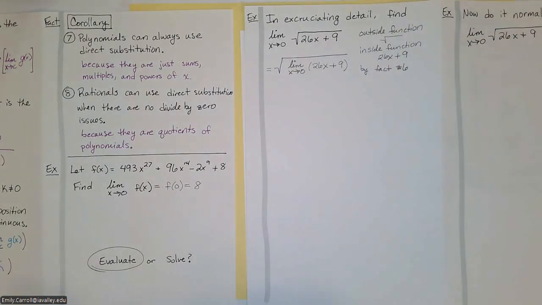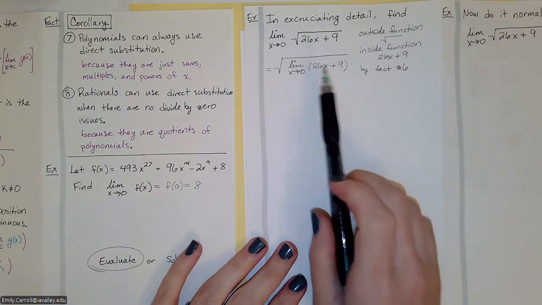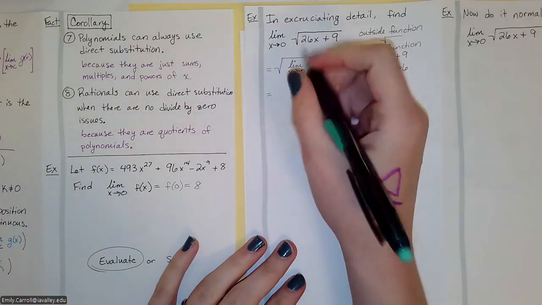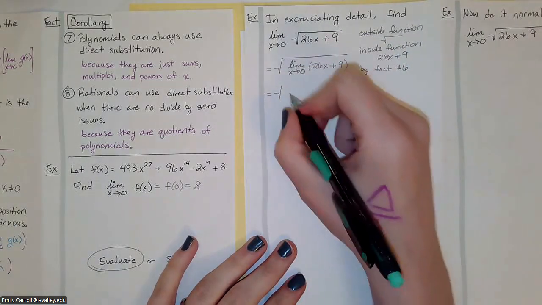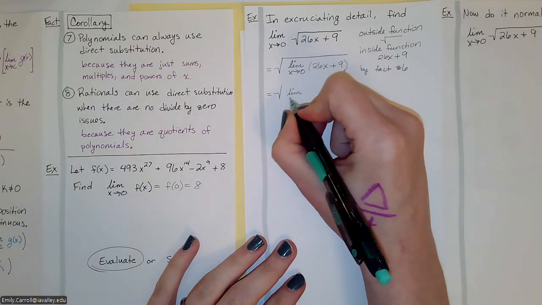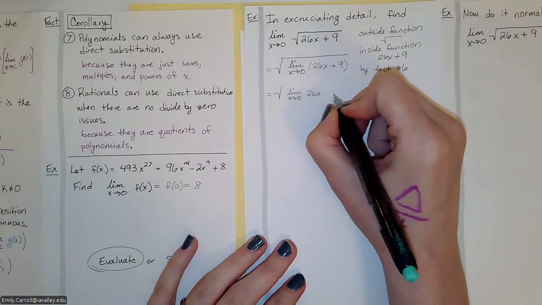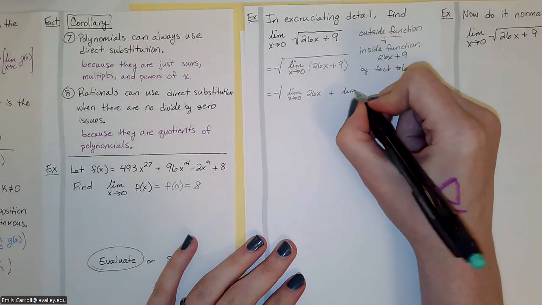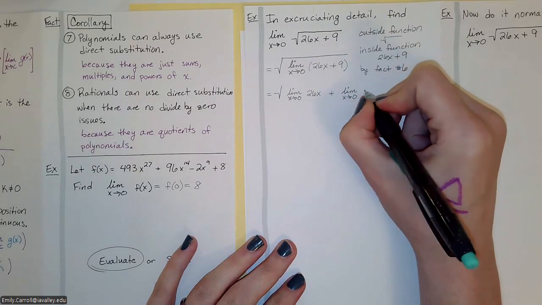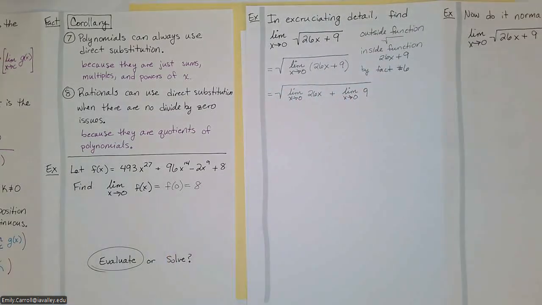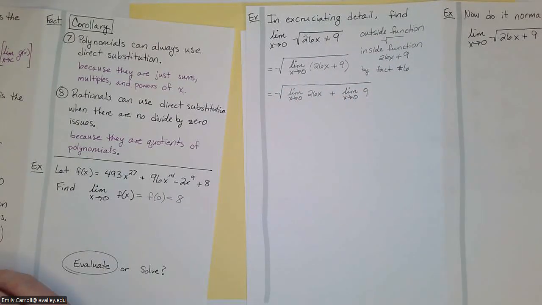Next, there's a sum in here, so I can break that limit up over those sums, and each gets its own limit: the limit of 26x plus the limit as x goes to 0 of 9. That is by fact number 2.